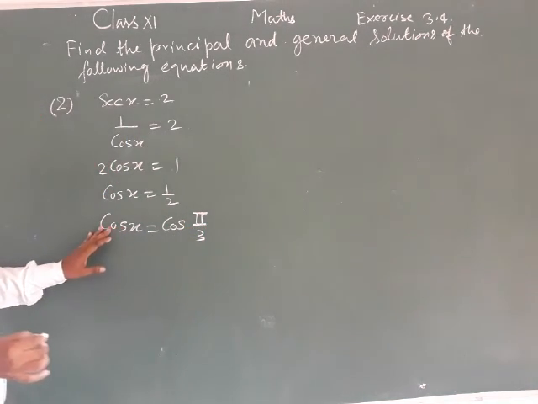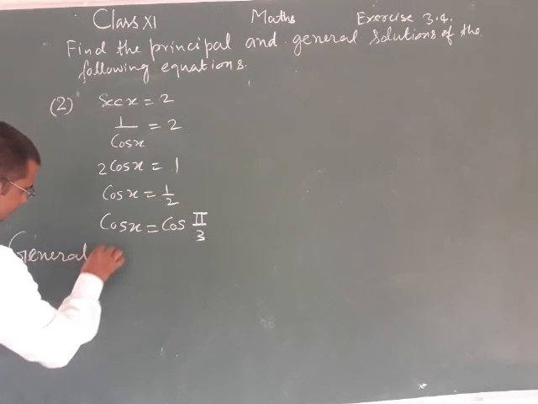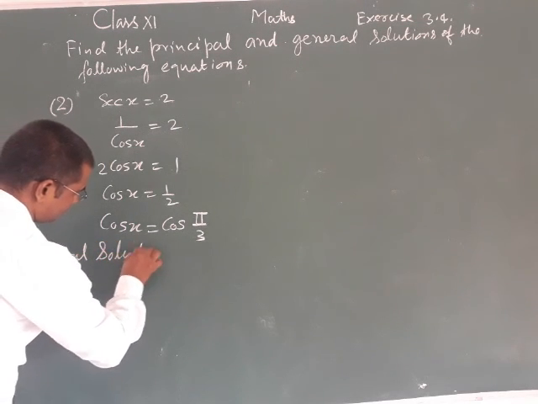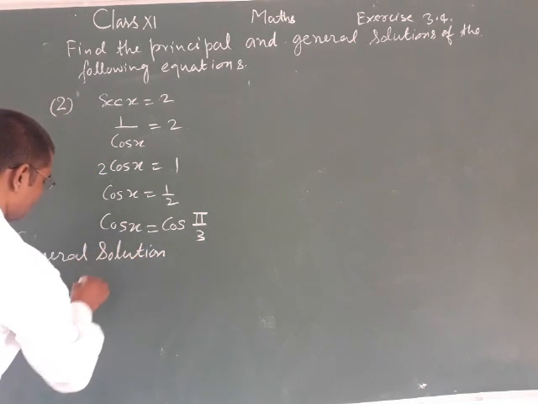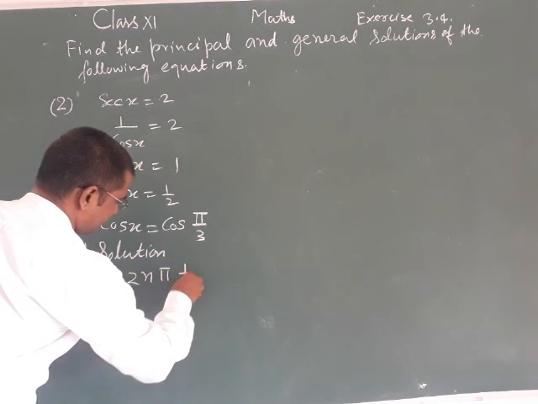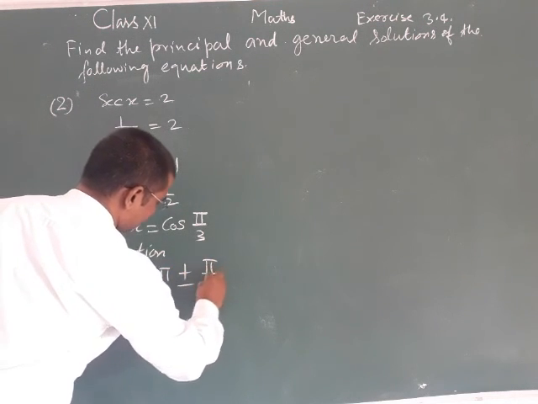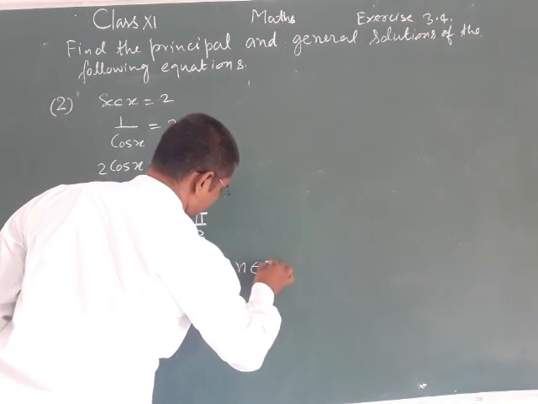So the general solution in cos is x is equal to 2n pi plus minus pi by 3, where n belongs to Z.